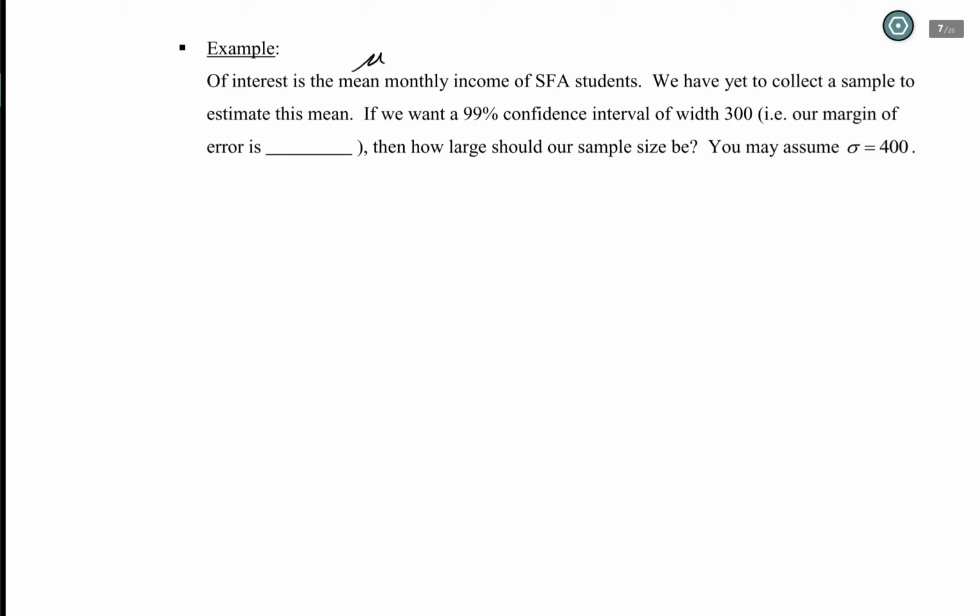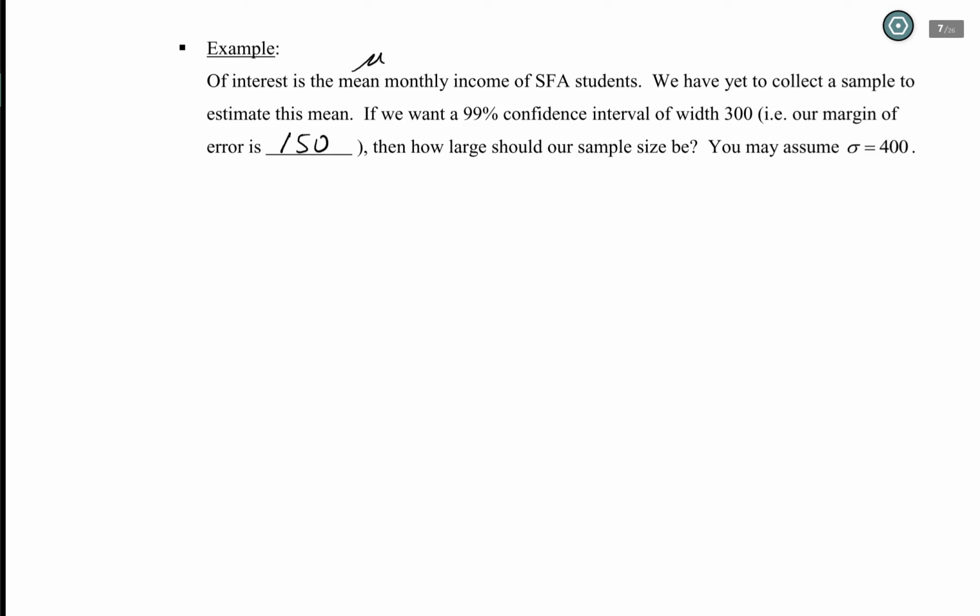But suppose we want a 99% confidence interval and we want our width to be 300. So that forces our margin of error to be 150, half the width there. So with that in mind, how large should our sample size be? And we're going to assume that the standard deviation of the population is 400.